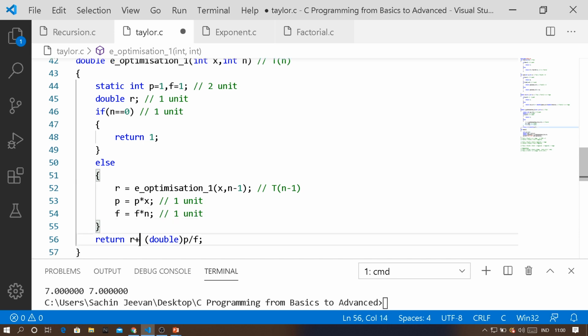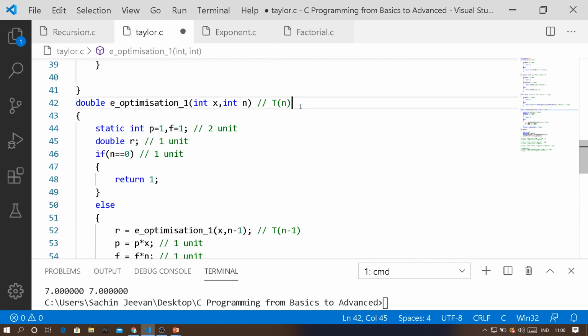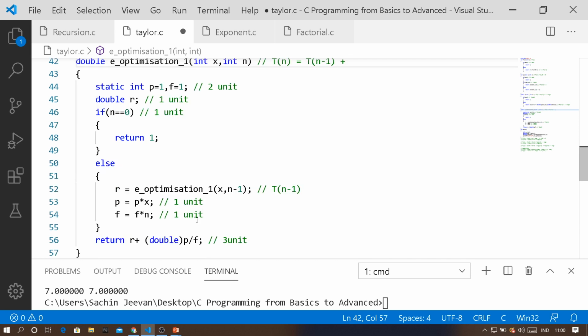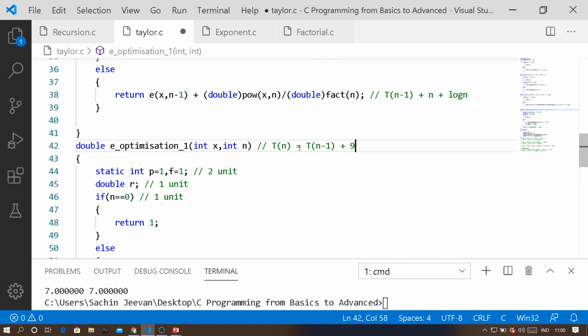Coming here, addition, typecasting, division: 3 operations, so 3 units of time will be taken. So altogether, t of n is equal to t of n minus 1 plus 2 plus 1 is 3, plus 1 is 4, 4 plus 2 is 6, 6 plus 3 is 9, so plus 9.